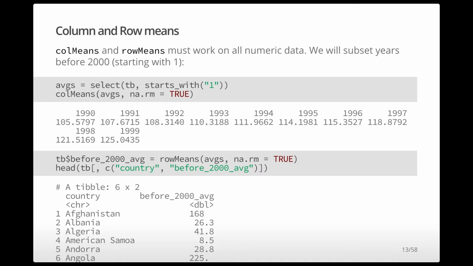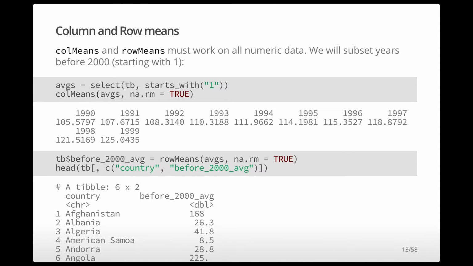So here, we took those averages and we want to say, I want to give for each country separately the before 2000 average. Okay? So before 2000 was that data set from 1990 to 1999. The row means will take every single row of that data, take the average of all the columns, and then give you a number back, and then we can assign that out here to the column before_2000_average.